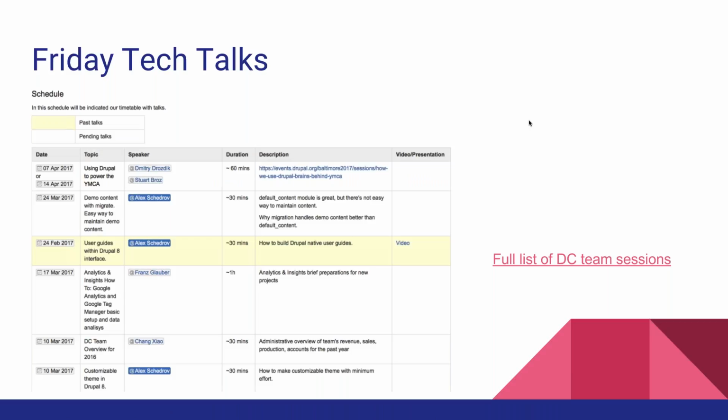Usually we have one or two presenters, and they are talking about some interesting implementations, some interesting tools that they've learned, about some stuff that is really important for other team members to know about.